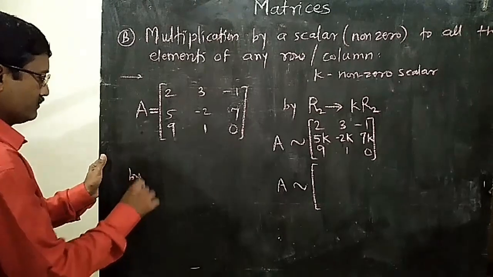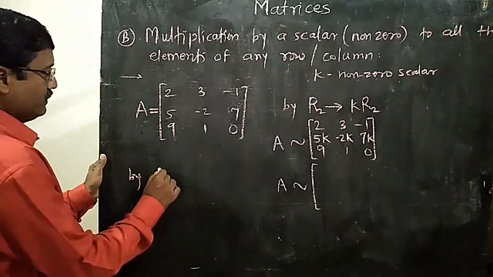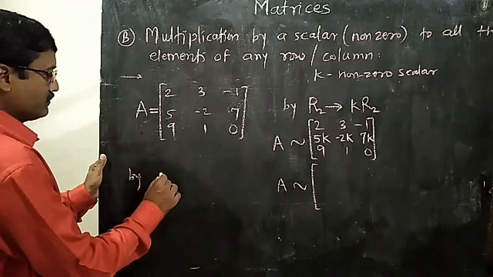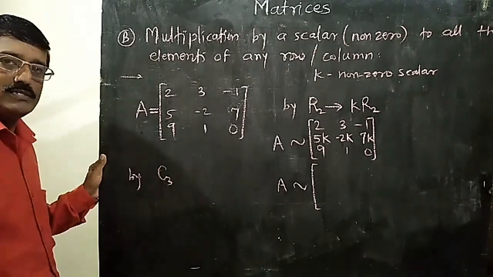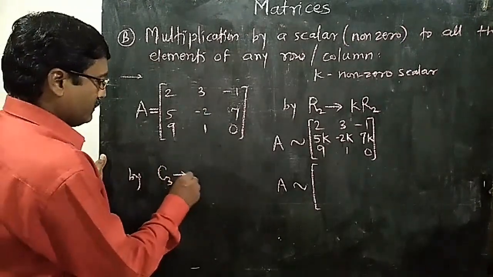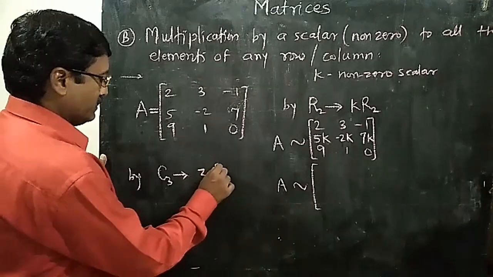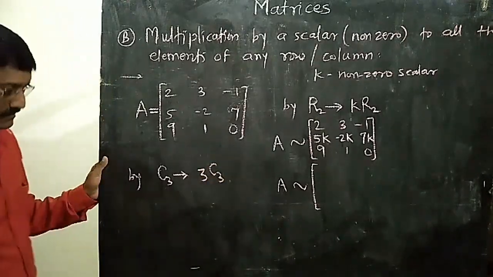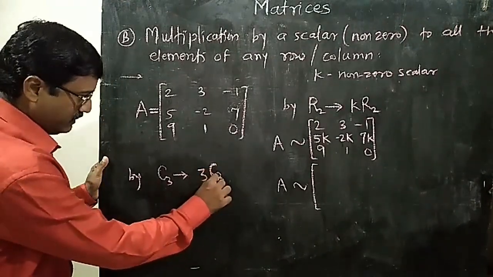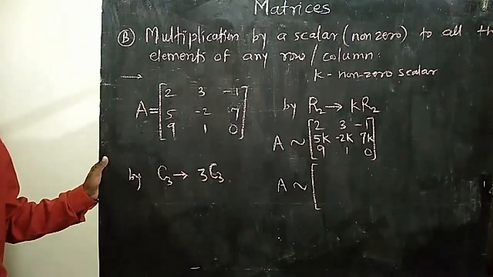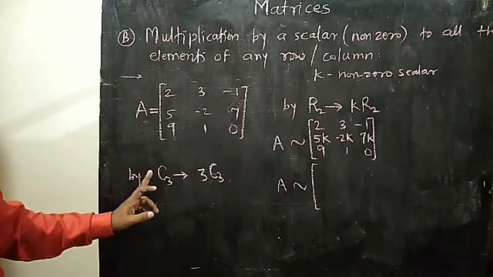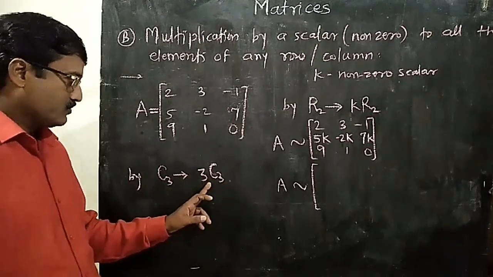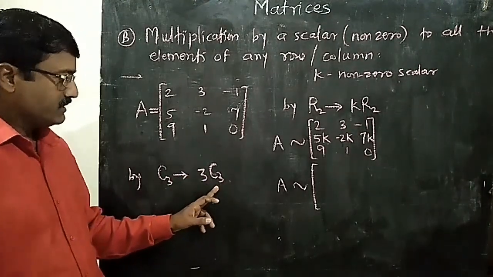Suppose I will multiply the third column, which means we will change the third column into 3 times C3. If I want to multiply each element of the third column by 3, then the third column is changed so that it is 3 times C3.